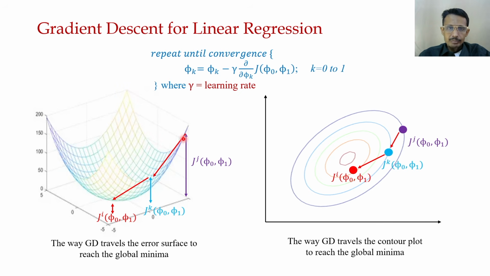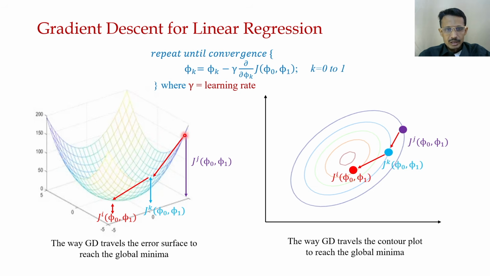We start from any arbitrary point and keep on changing the parameters, maybe phi k, k1 and k2 and so on. So you can say that our updating algorithm works in this format.